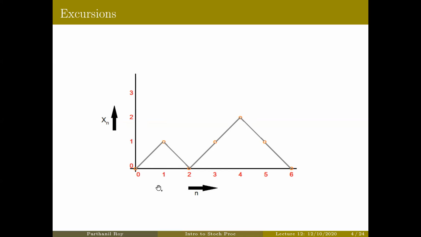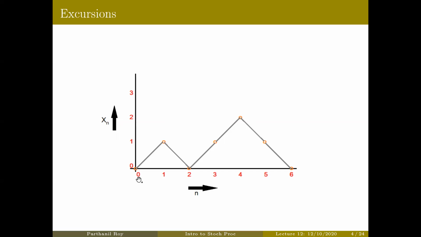Now suppose I decide, and this is quite a standard thing to do, to denote this Markov chain dynamics as follows. The horizontal axis will be the time axis. The vertical axis is the space axis in the sense that it tells you where the Markov chain is at that particular time. So the Markov chain starts at 0.